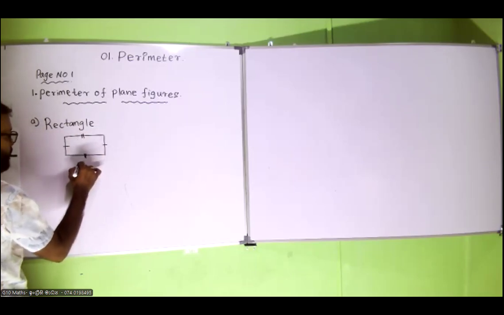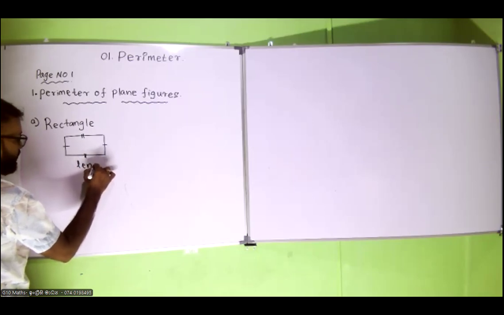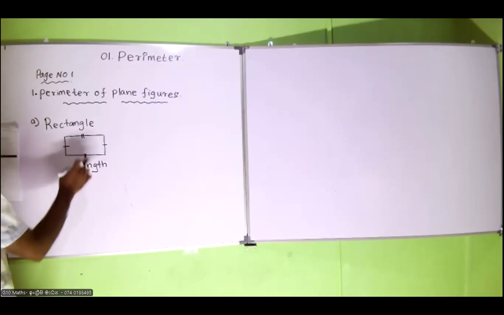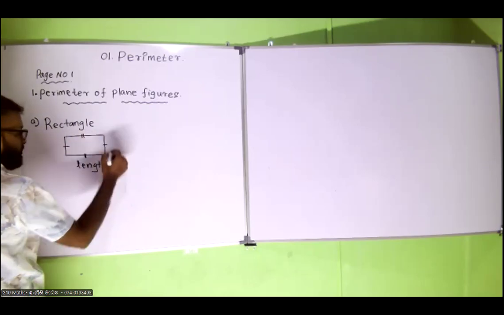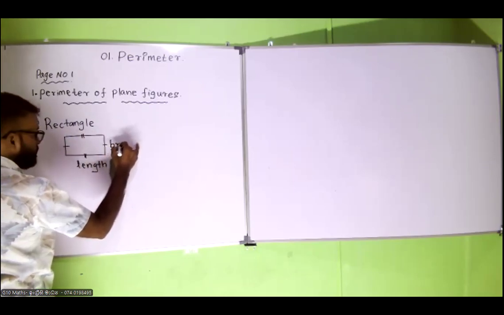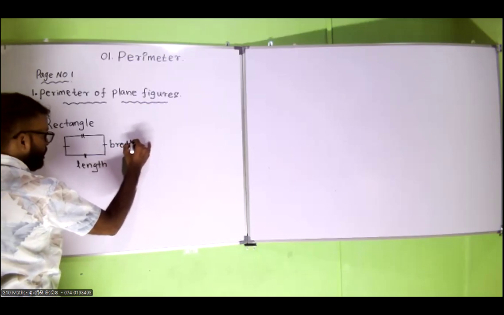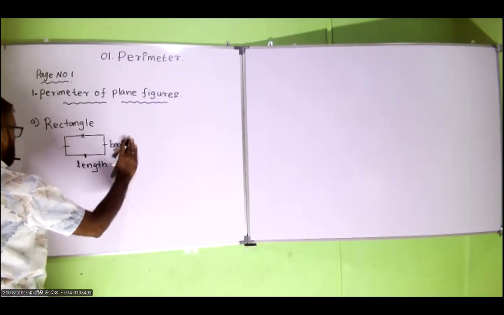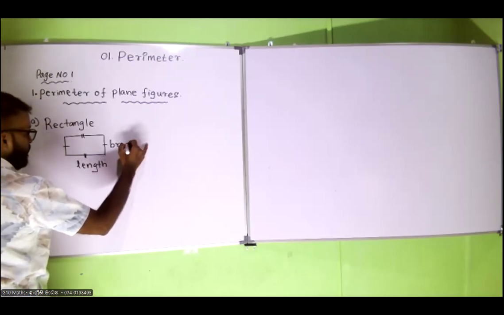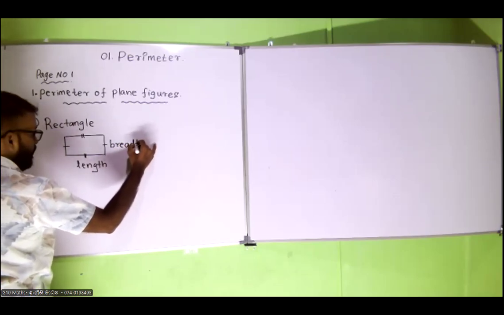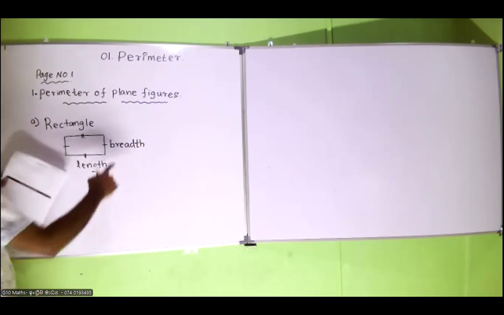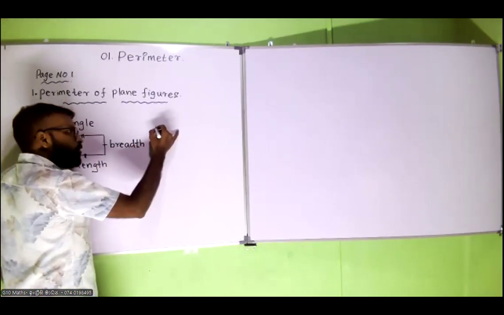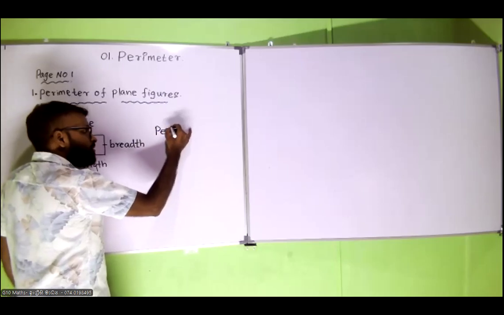perimeter of a rectangle. So this side is length, the opposite lengths are equal. This is breadth. So here, how are we going to write the perimeter of the rectangle?